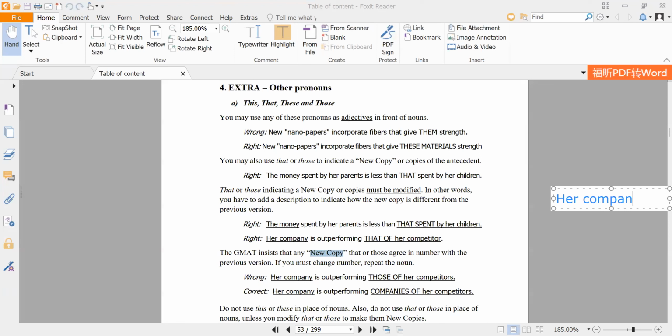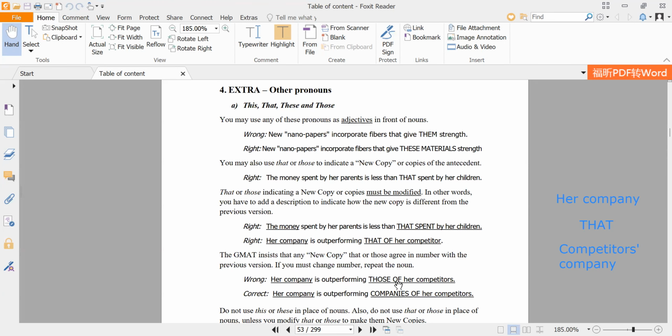Her company, which is singular, and her competitor's company, which is also singular. So if I want to compare these two things, I can use the relative pronoun that in this case to refer to her competitor's company. So the correct way to write that is, her company is outperforming that of her competitor.